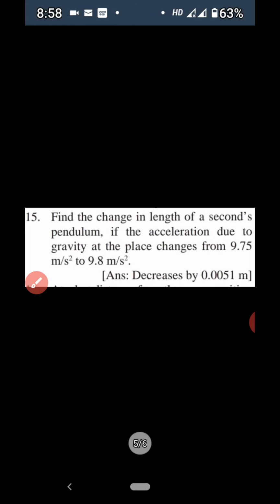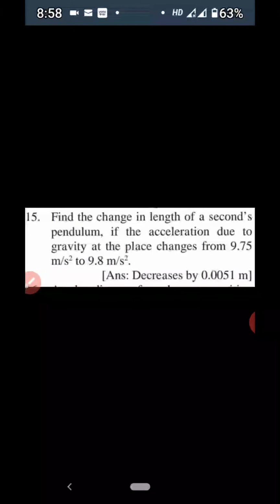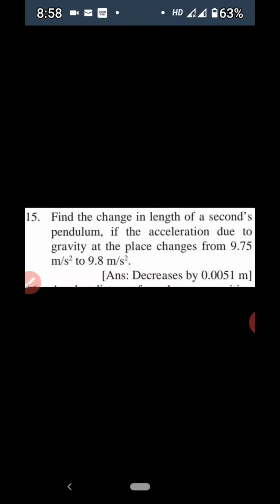Next, numerical number 15. Find the change in length of a second pendulum if acceleration due to gravity at the place changes from 9.75 meter per second square to 9.8 meter per second square.